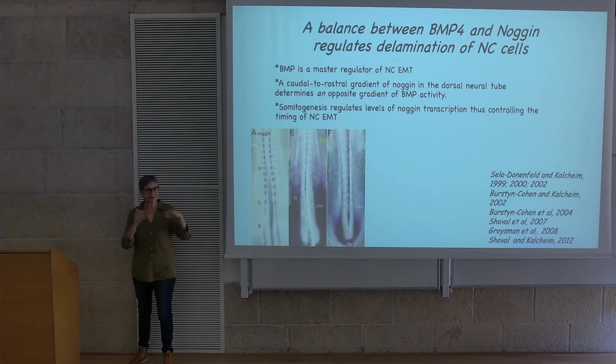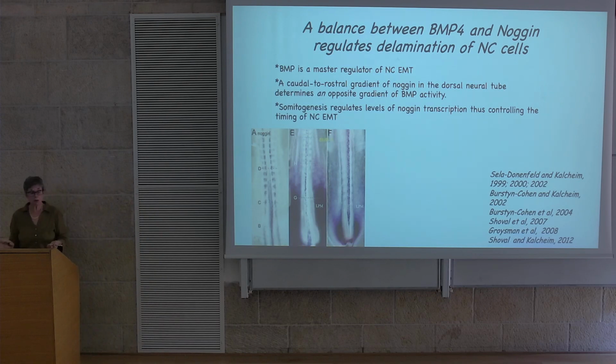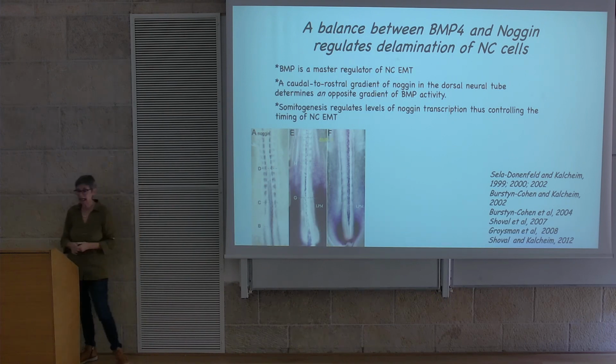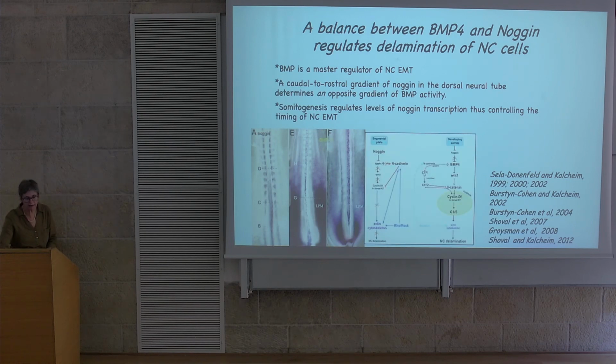So by doing functional experiments in chicken and in mouse, we could demonstrate that BMP is a master regulator inducing delamination of crest cells, that there is a kind of crosstalk between BMP and its own inhibitor that creates this gradient along the axis, which tells the cells when to begin migrating. I'll leave it there because it's quite a complicated story.